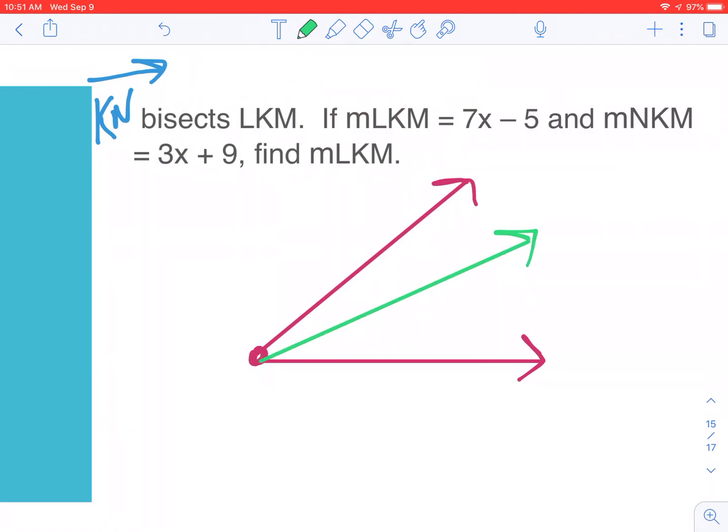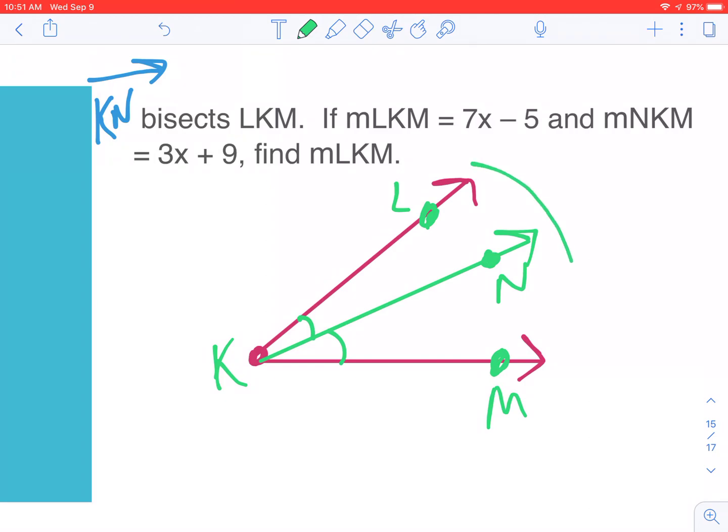Once again, you guys are just sketching these like me. Here's K. Here's N. And it bisects LKM. So LKM is the big angle. KN is the bisector, cutting it in half. So those two are congruent.